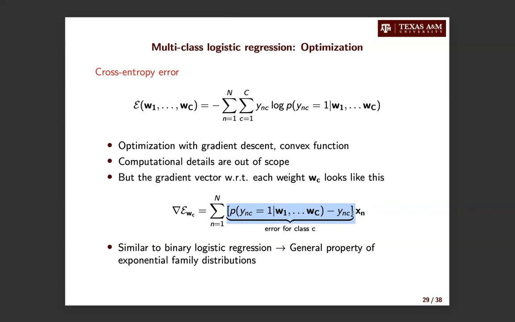Otherwise, if sample xn is quite wrongly classified, this error is going to be large. Therefore, this sample xn will contribute more to calculating the new weight.